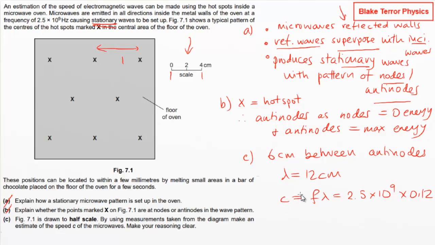That's sounding good, but then we would have knocked 2 off of there, so it'd be 30 times 10 to the 7, which is 3 times 10 to the 8. All right, that came out quite nicely. That was not too bad, quite a straightforward question in the end. But make sure you're really slick on this bit, being able to write out without having to give it too much thought how standing waves are set up, because it comes up so often.